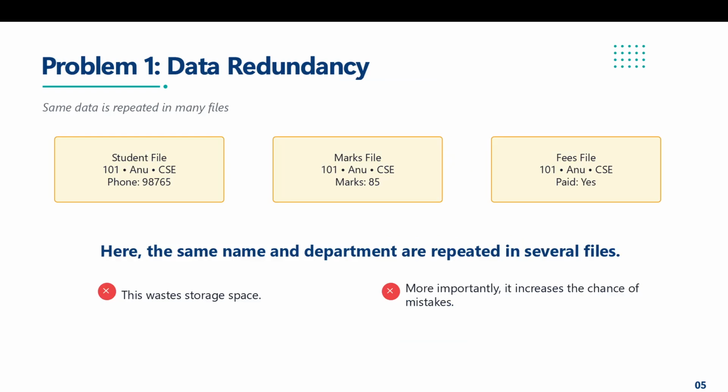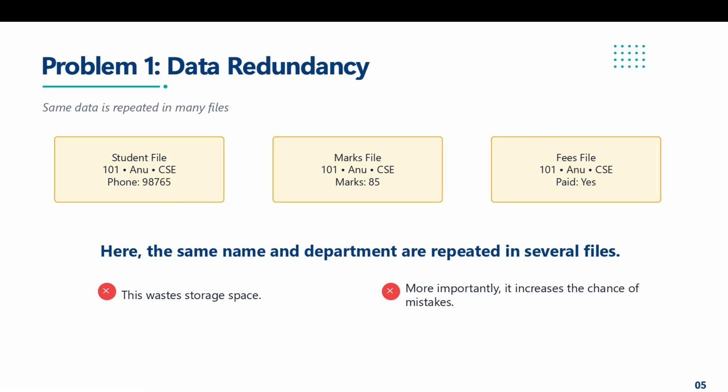Now we will see what are the major problems of the traditional file systems. The first one is data redundancy. So, what is data redundancy? That means the data is repeated in many places. For example, in a student file, we may have student ID 101.